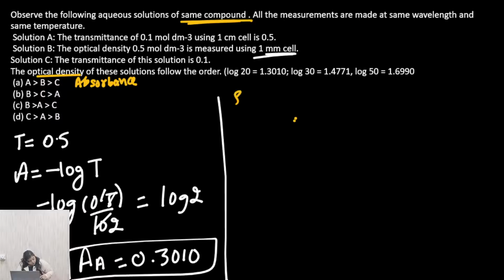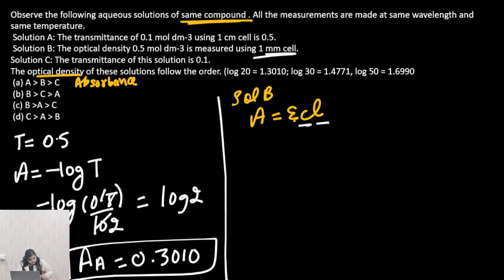So for solution B, the absorbance value is going to be equal to epsilon into C into L. We are given the value of the concentration, we are given the length, and what we are not given is the epsilon value. For that we can use solution A, because the compound they are using is the same, just the concentration terms will be different for all of them, right?